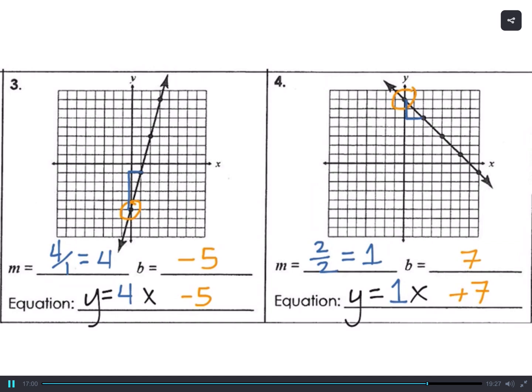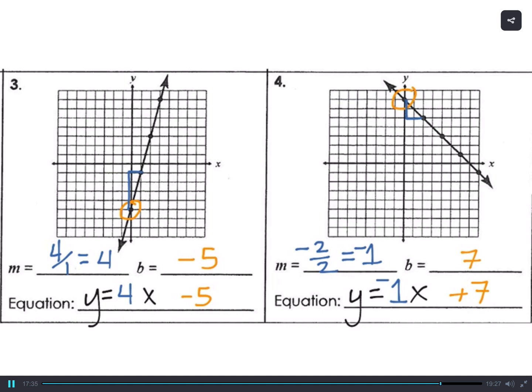All right, so here are my examples 3 and 4, and I do just want to point out the slopes. In example 3, my slope was 4 over 1. So when I wrote my final equation, I reduced that to just say 4. In example 4, my slope was negative 2 over positive 2, and that reduced to a negative 1.